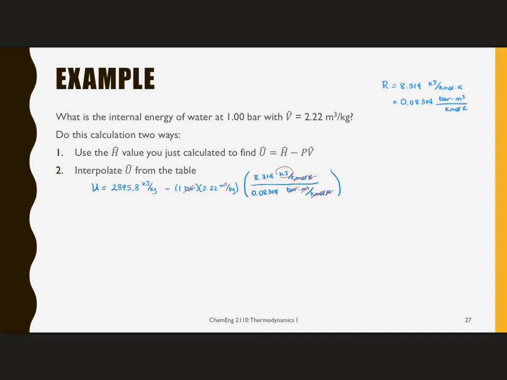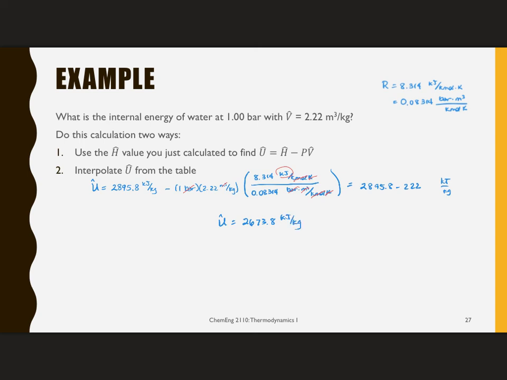And so now I can compute 2895.8 minus 222 kilojoules per kilogram. And so U, with a little circumflex on it, is 2673.8 kilojoules per kilogram.